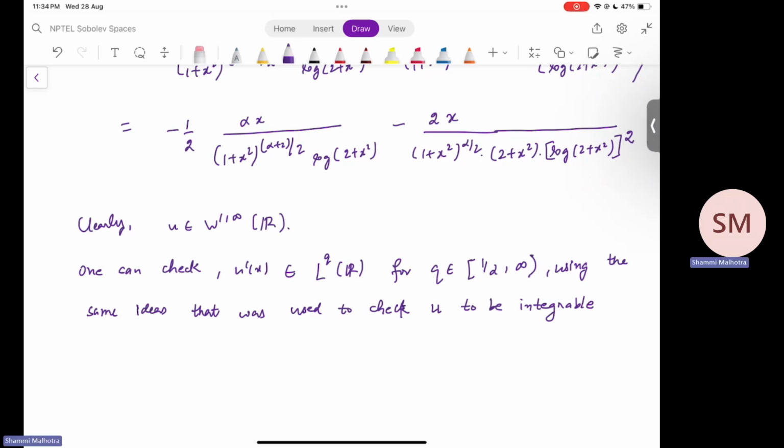So like the same idea. So it again proves the fact that what we see for the L^p function, same sort of thing we have for the Sobolev functions.